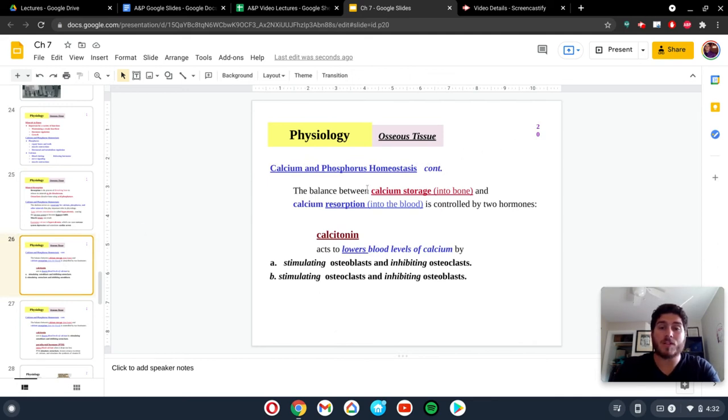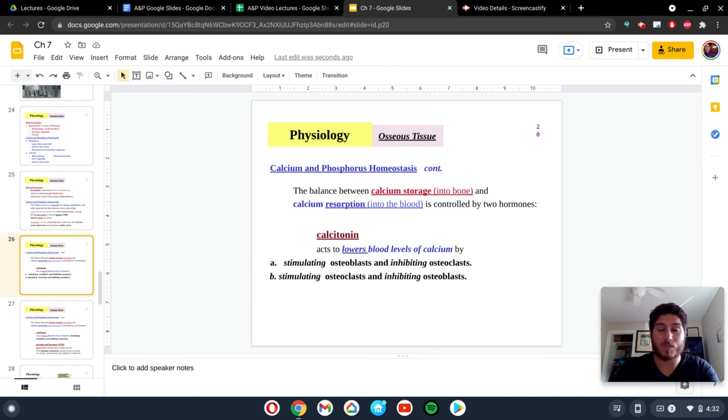Continuing here, we can discuss a few of the hormones that are needed in order to allow our calcium to be stored or resorbed out into the bloodstream. There are a couple of hormones that are important for this. The first one we're going to talk about is calcitonin. Calcitonin's job is to lower the blood levels of calcium. This is a great question because it makes you have to think about what's going on.